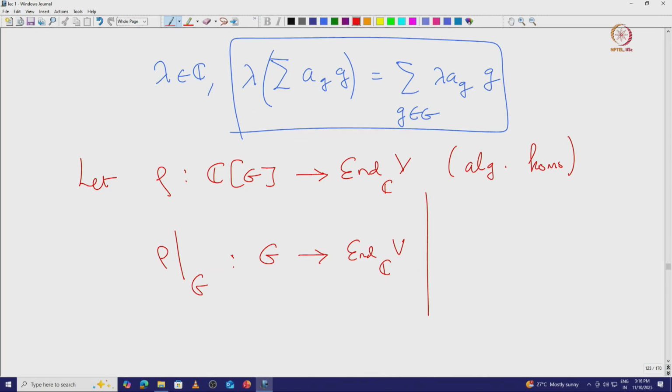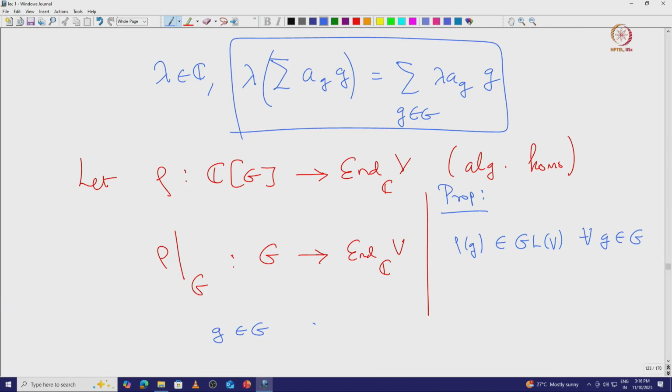So, here is a proposition: one can prove that rho(g) is an invertible element for all g in G. Here is a one-line proof.